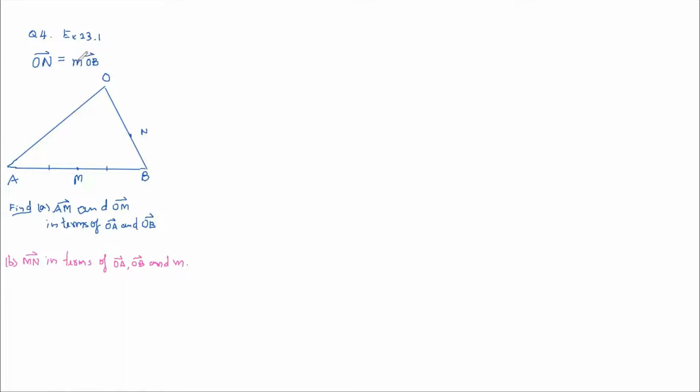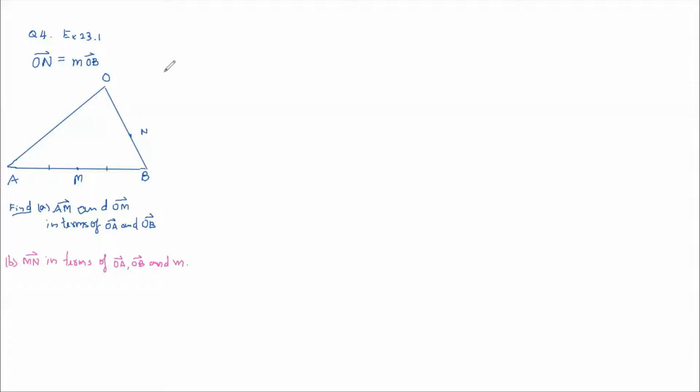Here m is a scalar, like the k in the formula we learned for scalar multiplication. Question A: find vector AM and vector OM in terms of OA and OB. Question B: find vector MN in terms of OA, OB, and m.